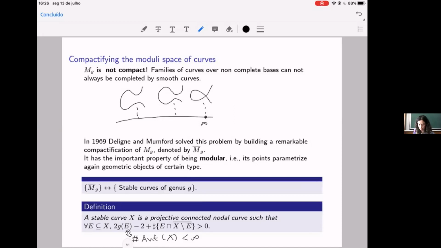Maybe this would be enough, right? I think this would be a way to define it. Semi-stable would be, instead of asking for this number to be bigger than 0, maybe you could just ask for it to be bigger than -1. I think this would be enough.